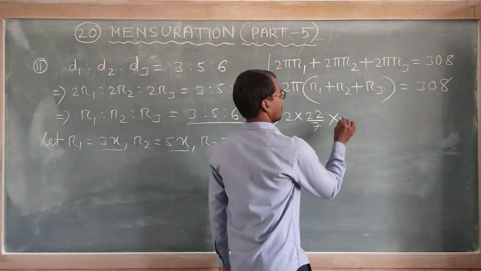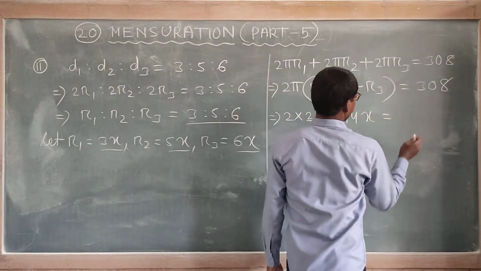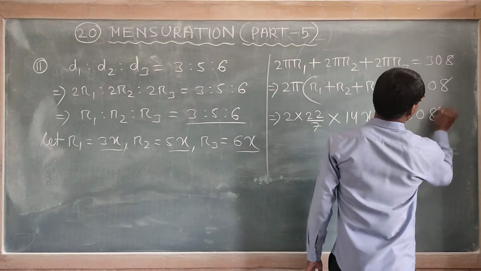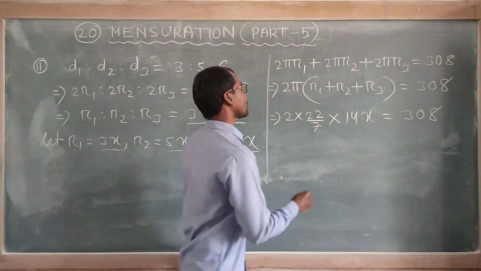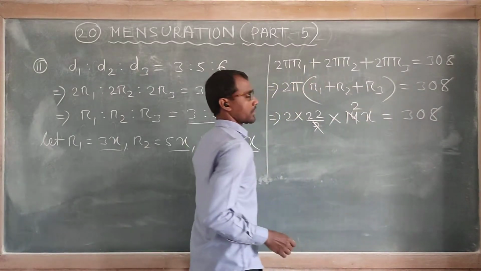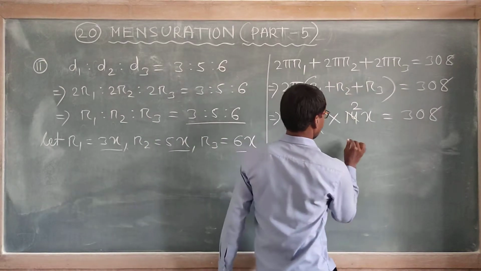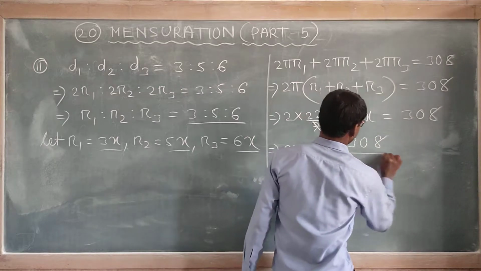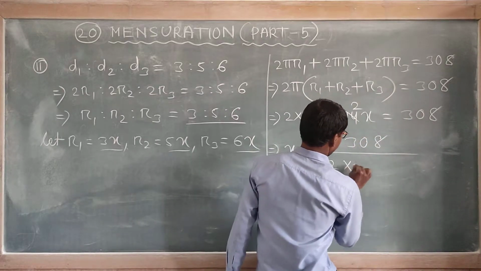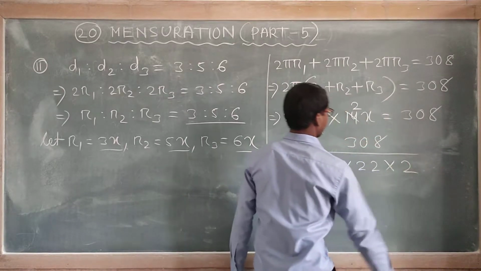Okay, 14x is 308. 7 into 2 is 14. Okay, so x is equal to 308 by 2 into 22 into 2.